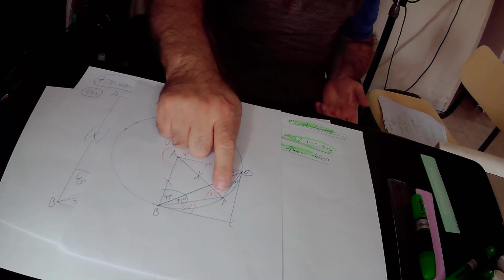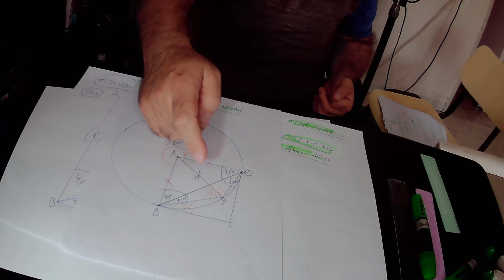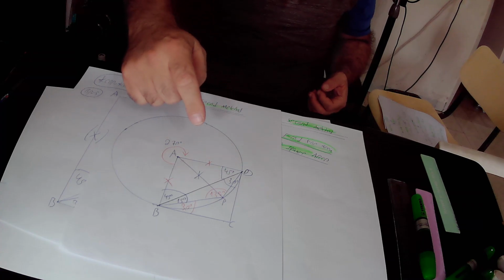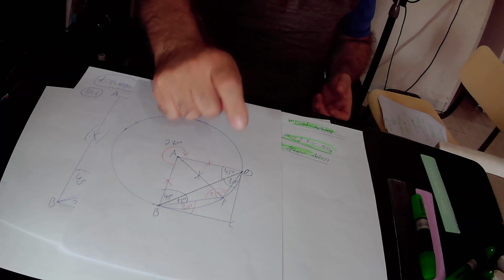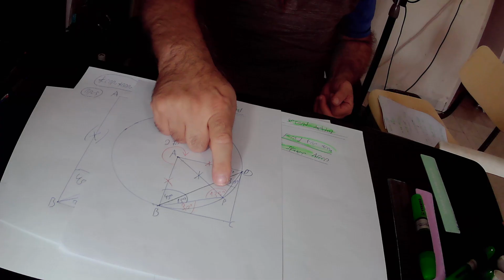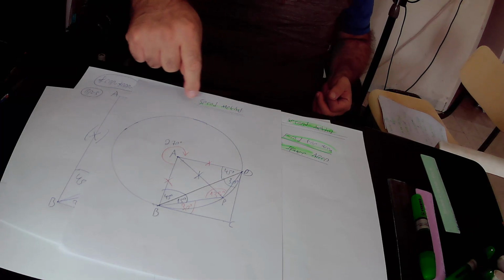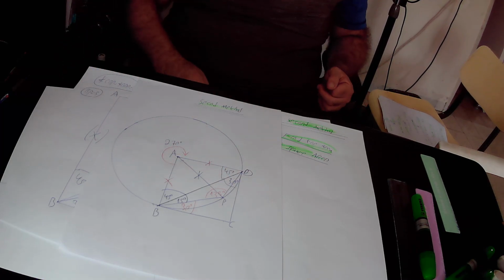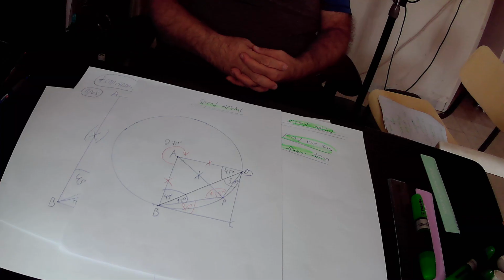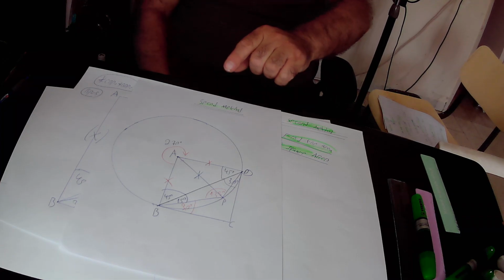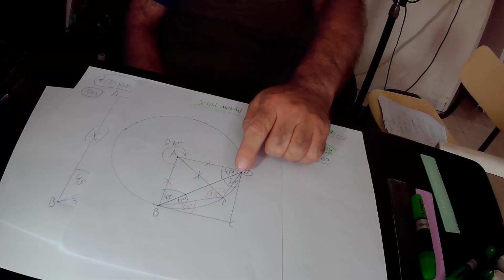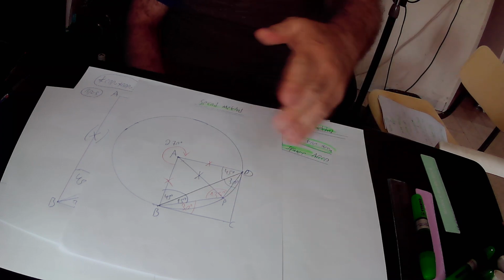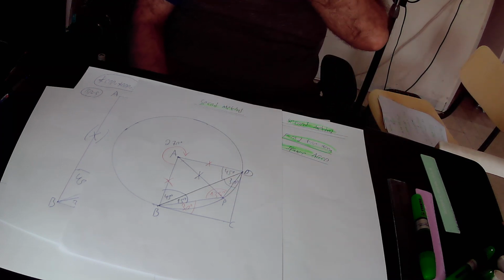So point P lies on the circle itself, therefore this circle passes through point P. Okay? So point A is the center of the circle, point P is a point on the circle itself, therefore AP is the radius of the circle, equal to X according to our definition.